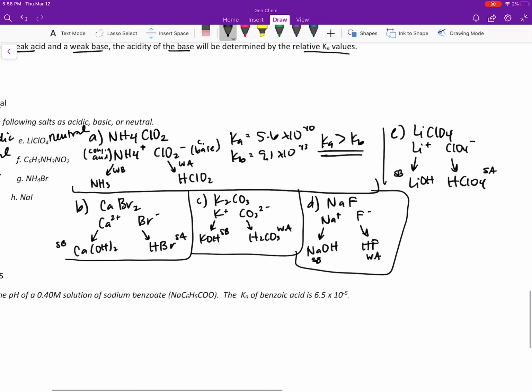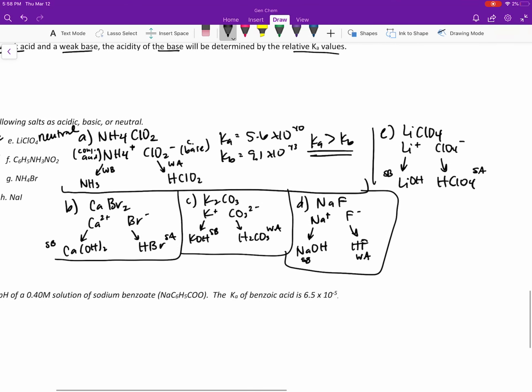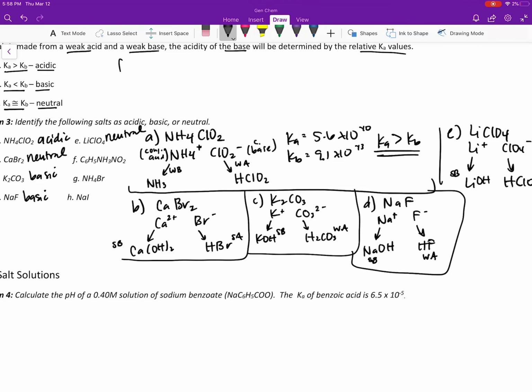All right, looking at F, let's go up here so we can see F. We have C6H5NH3NO2. The reason why I wanted to do this one is because it's kind of confusing. On this one specifically, this is a derivative of the ammonium ion.